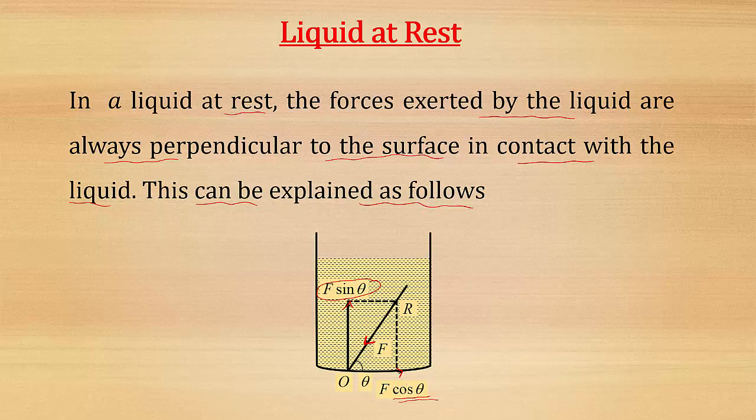So that's why we can neglect F cos theta. I am going to consider only F sin theta. This is perpendicular to the surface in contact with the liquid, in the vertical direction where the liquid is at rest. Suppose the liquid is flowing, then we have to consider F cos theta. Otherwise we can neglect F cos theta here.